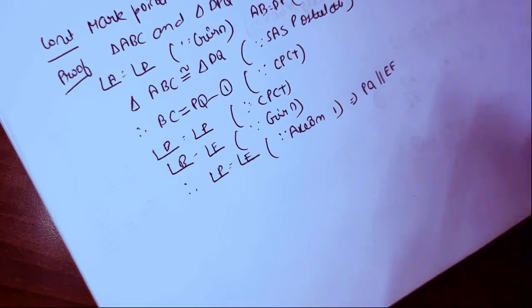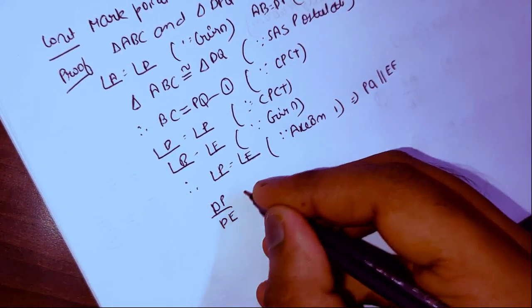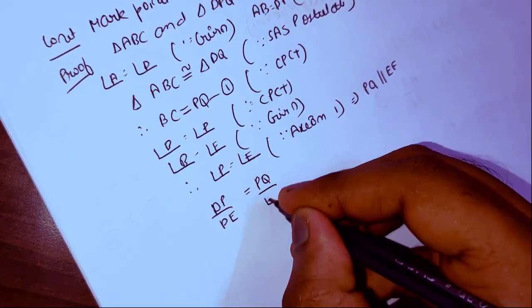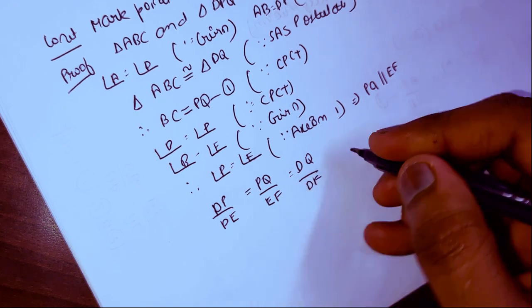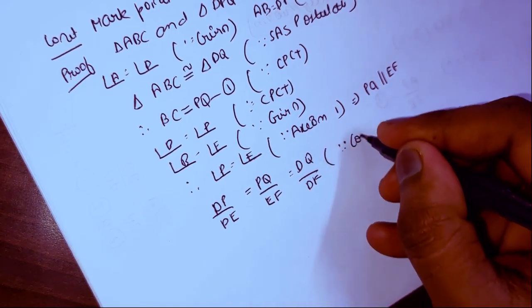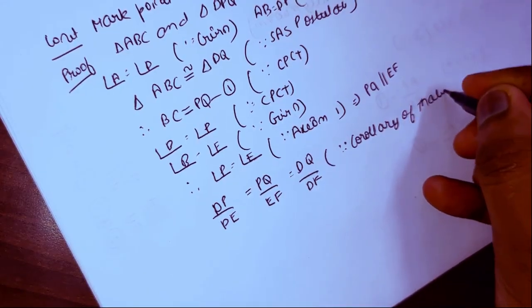Now we will use the corollary of Thales theorem. DP by DE is equal to PQ by EF is equal to DQ by DF by the corollary of Thales theorem.